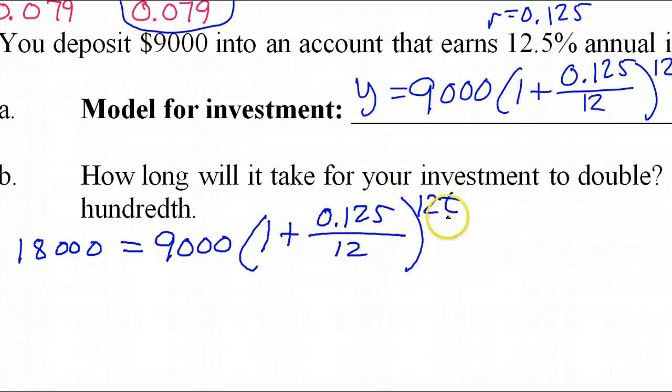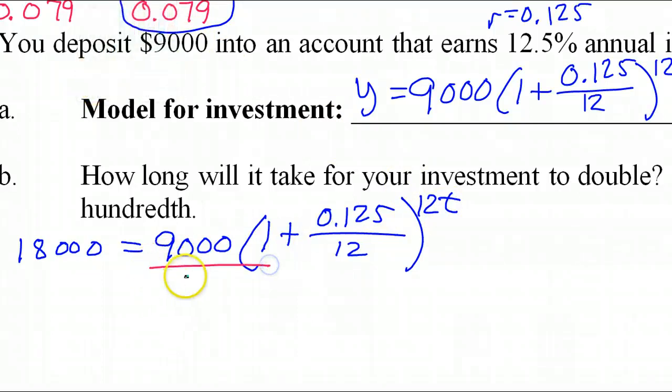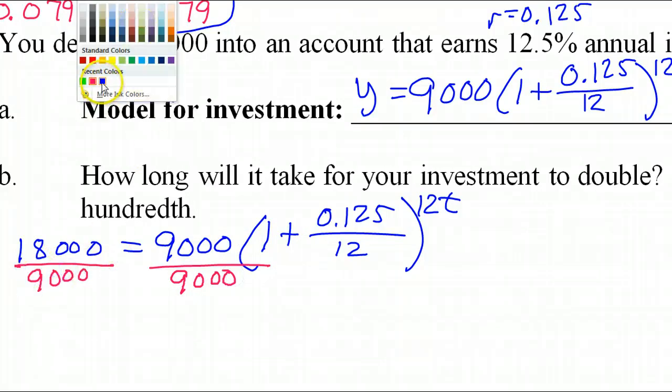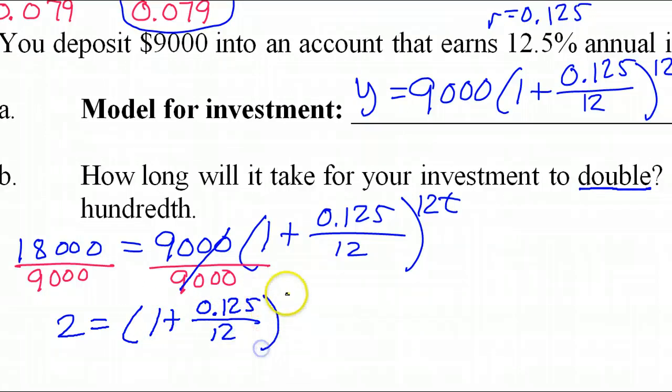I need to find t, sorry. Clearly I'm going to divide both sides by 9,000. And it is no surprise that we get 2 for the answer from that, because it's doubling, so that should be 2 times as big. So these are gone. So I've got my 1 plus 0.125 over 12 to the 12t power.